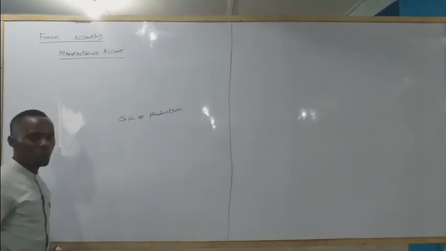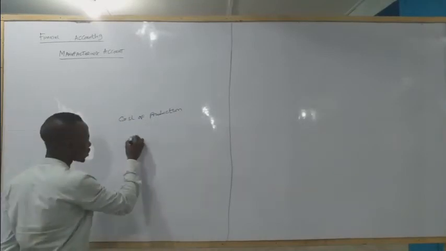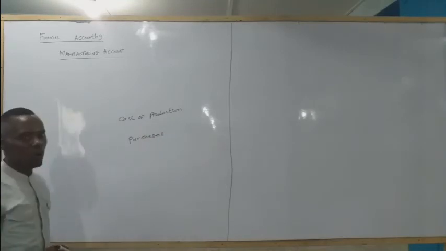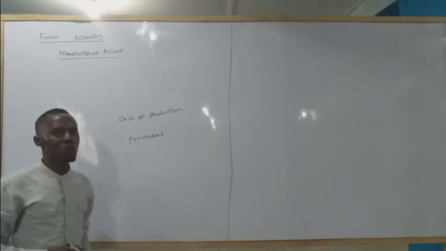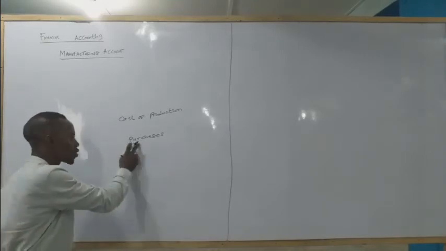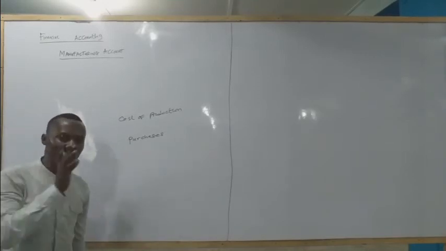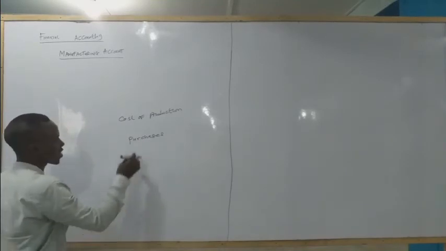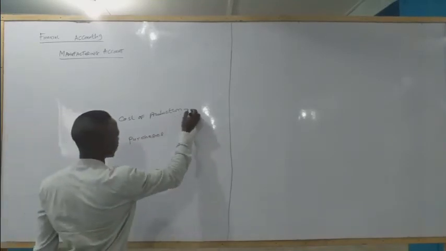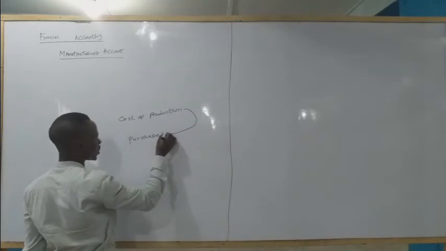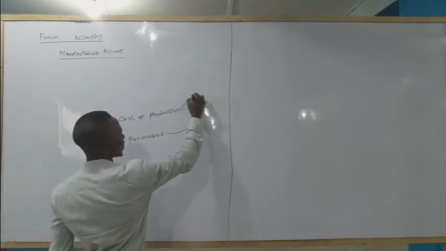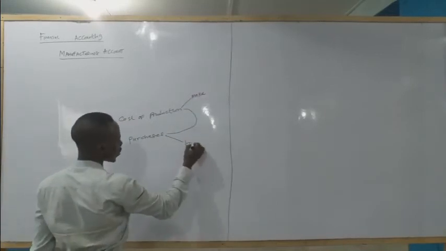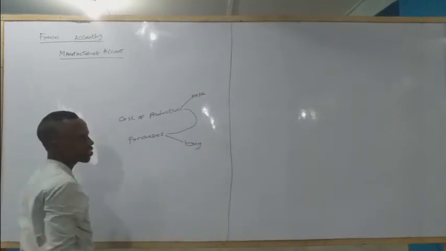We have to compare our cost of production to our purchases, but not only to our purchases, to the cost of goods sold. While comparing your cost of production to your purchases, cost of production is for make. Purchases is for buy. So you have to make a decision.